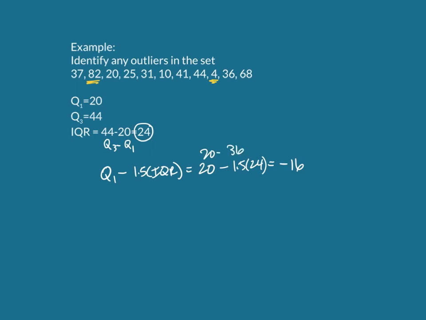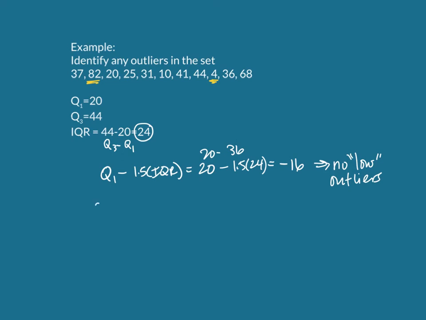Well, all of my data values are positive, so there aren't any values that are less than negative 16. This means no low outliers. Okay, well, maybe then 82 is an outlier on the high end. So 4 wasn't, in fact, an outlier. It still seemed to be what you could call a normal range for this data set.